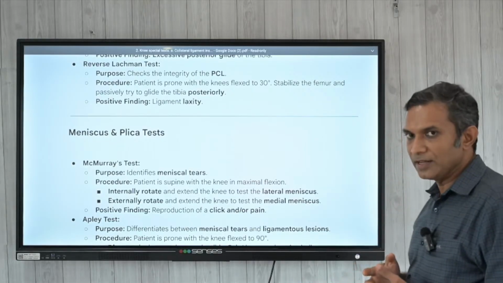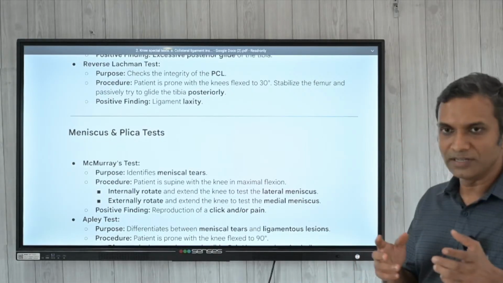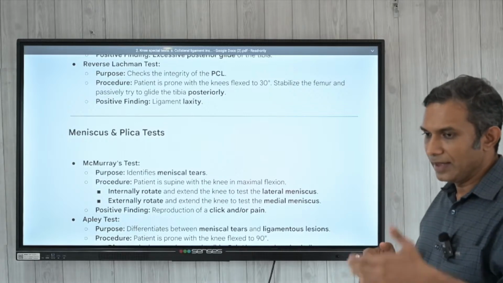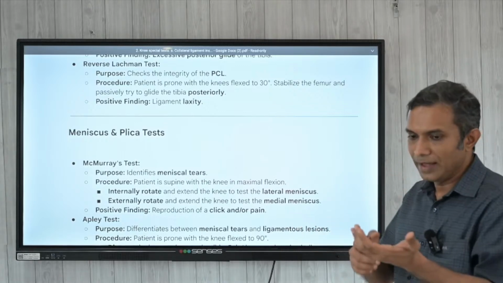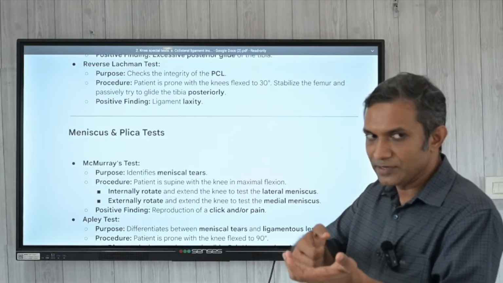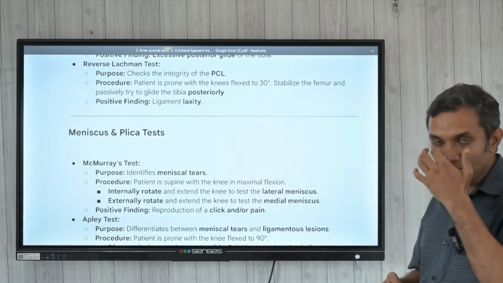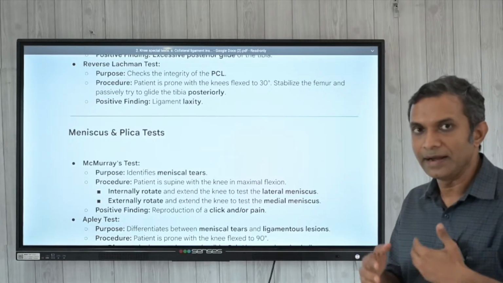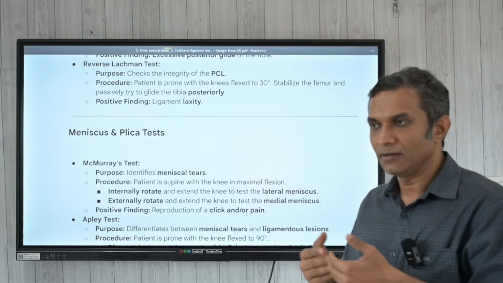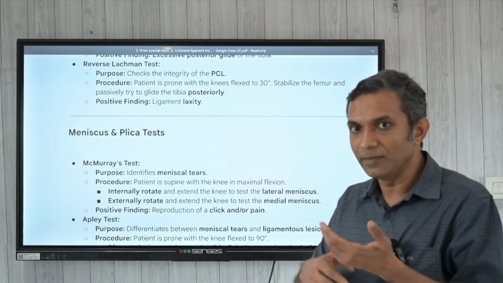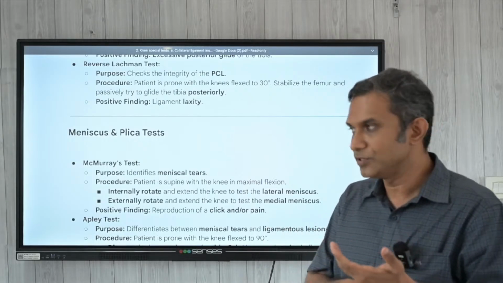The procedure here is that the knee joint is flexed to 30 degrees and the therapist stabilizes the femur, and as in the posterior drawer test, we give a posterior glide to the tibia. If there is excessive laxity, the tibia will glide excessively in a posterior direction.